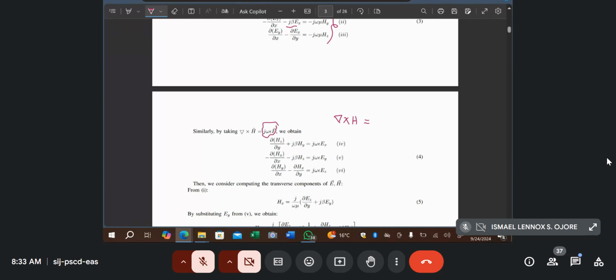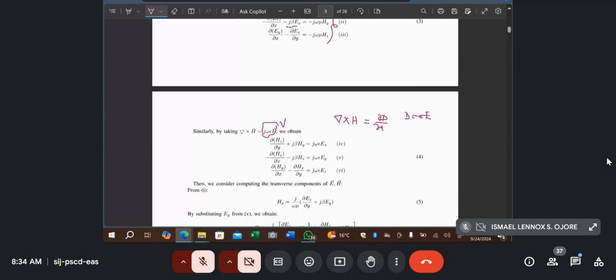Can somebody tell us? dD over dt, isn't it? Okay. So the same way, d over dt is j omega, and then D is equal to epsilon E. So that's why we then have that value there.